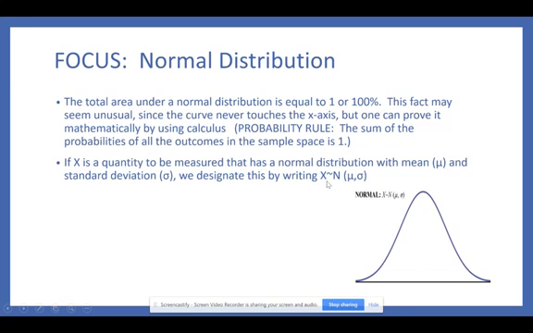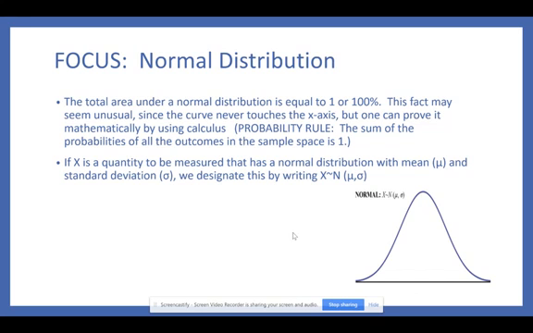We write X, and then a little wavy line, it's called a tilde, X tilde N for normal. In parentheses, we list the population mean first, always, comma, and then the population standard deviation, and we close the parentheses. It's just a shorthand for indicating that information related to the normal distribution, because you have to know those two things whenever you're dealing with a problem.